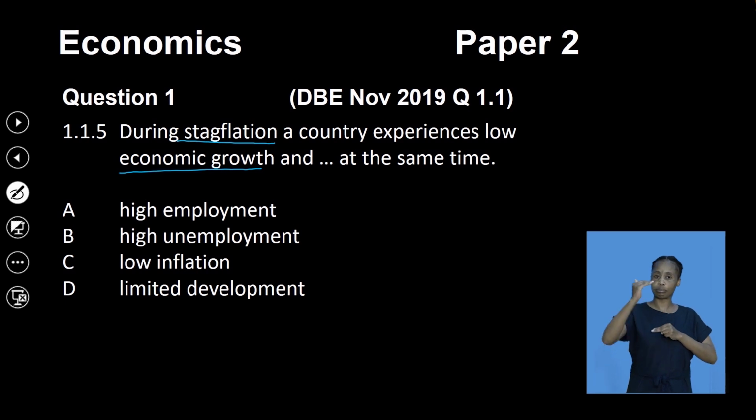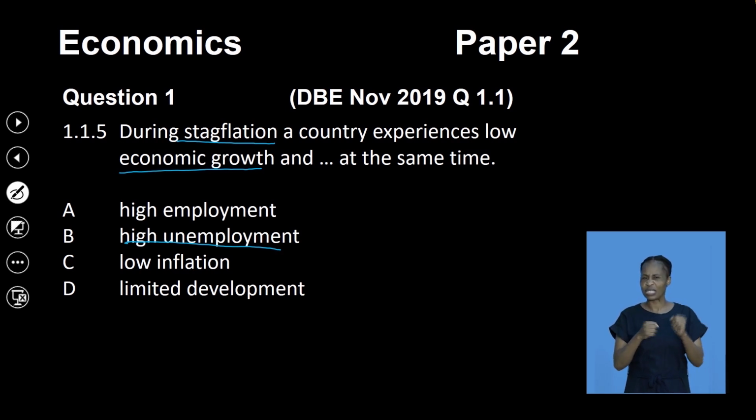Let's look at the options. A says high employment, B says high unemployment, C says low inflation, and D says limited development. Let me just stress, boys and girls, you need to be very careful about the wording, or the way your words are structured in the exam.